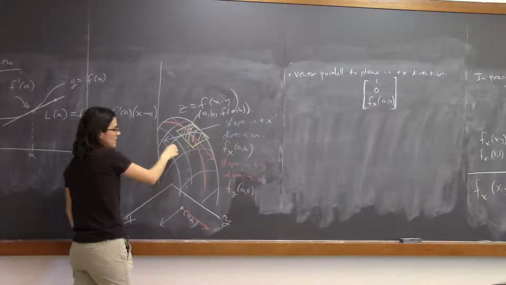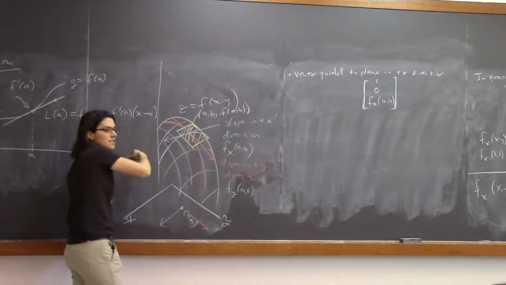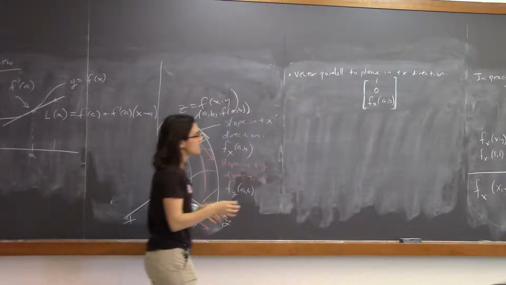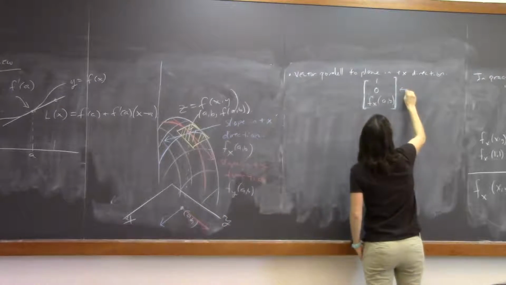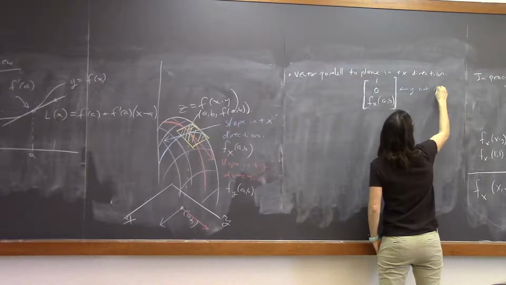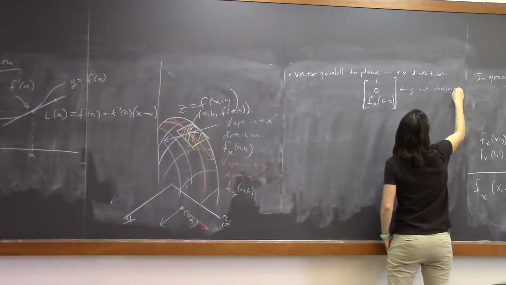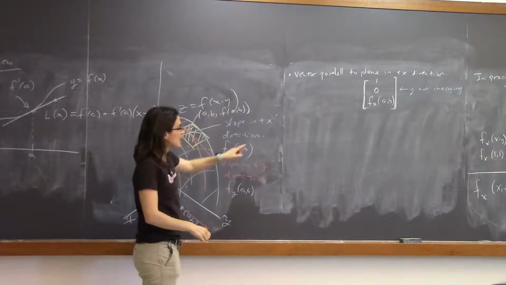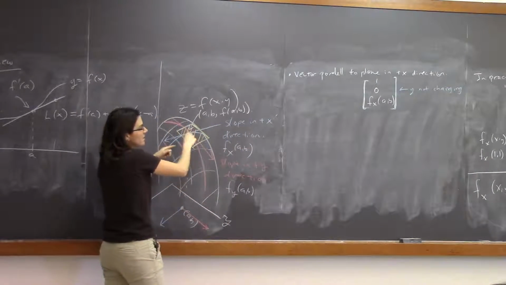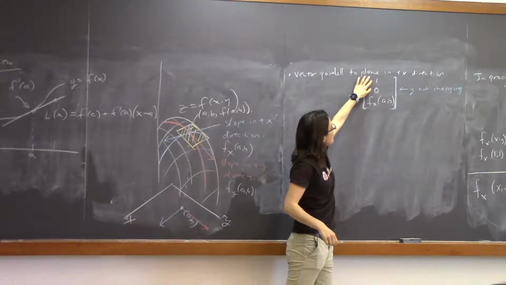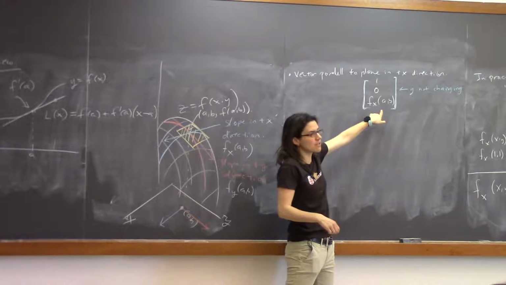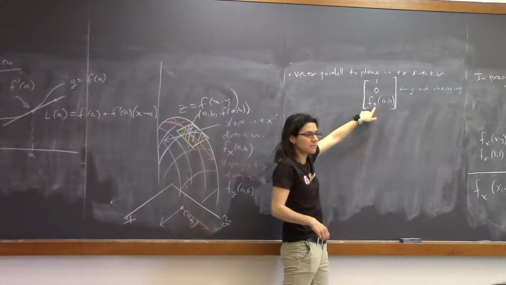Here's the idea. First of all, if we're going in the x direction, the y is not changing. So the y coordinate of this is 0 because y is not changing if we're going in the x direction. Then I claim if you go 1 over in the x direction, your z goes up or down by the partial derivative with respect to x there.